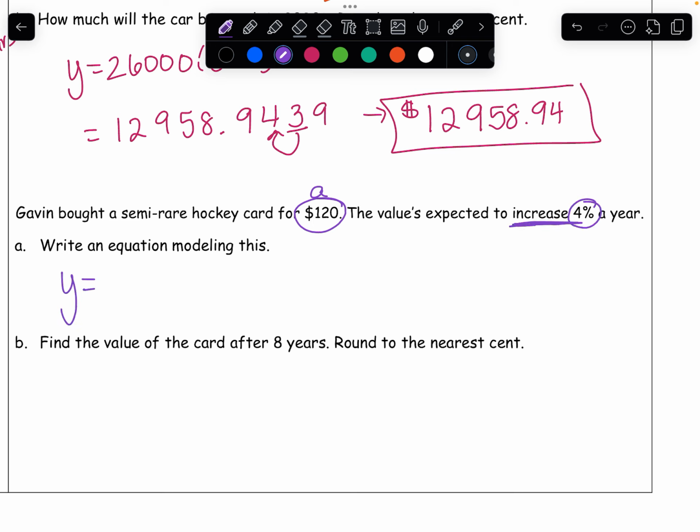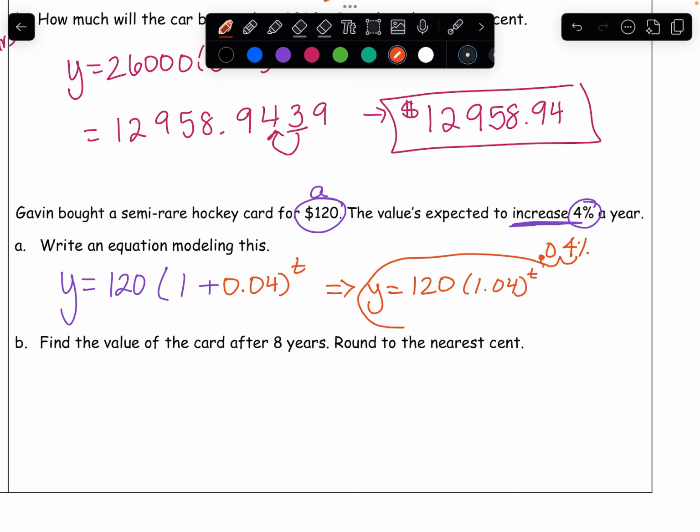So our equation is going to be y equals 120 times 1 plus. Now again, we have to take that 4% and turn it into a decimal. So we're going to add 0.04 to the t power. And so our official equation would be y equals 120 times 1.04 to the t power.